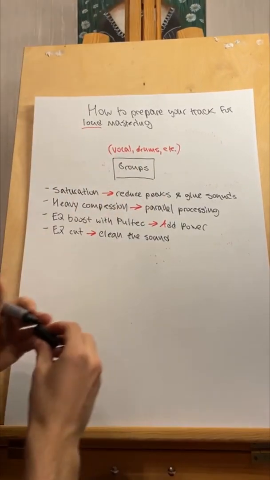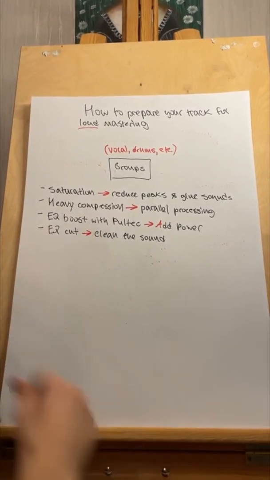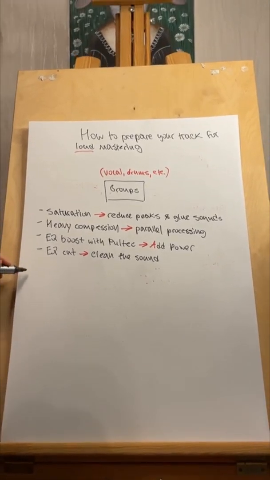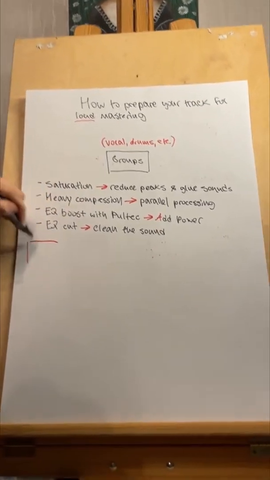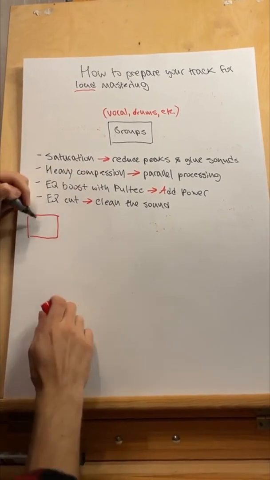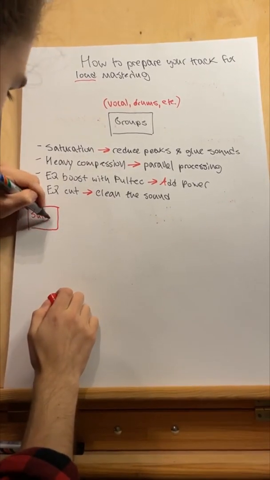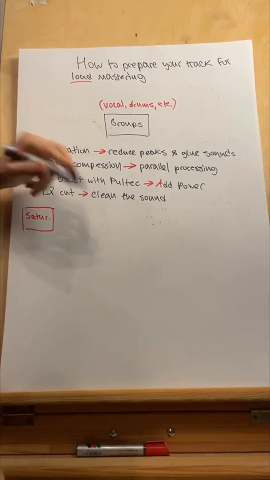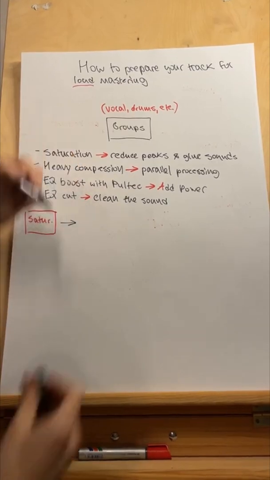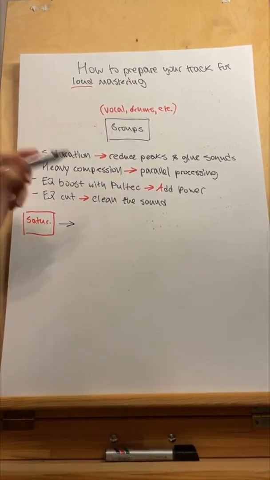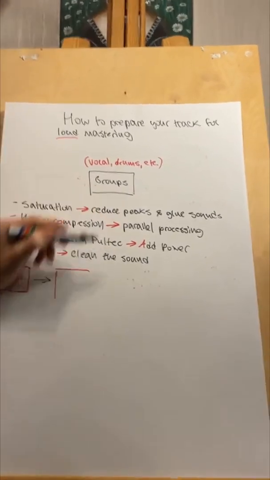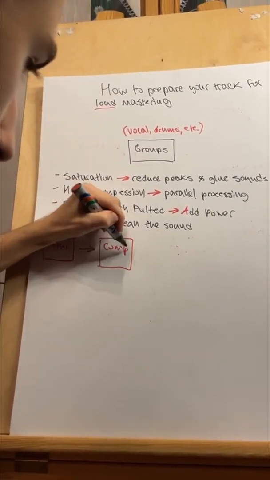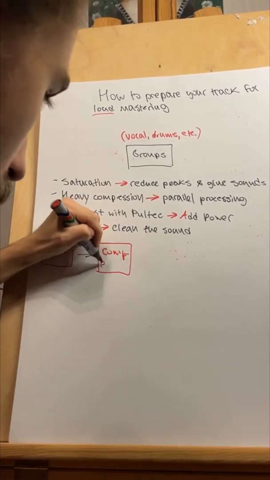Okay, so now I'm going to draw some boxes to show you how it is going to work. So let's use red color for some contrast. The first thing is usually going to be saturation. After that, I would use compression, and let's shorten it a little, parallel.